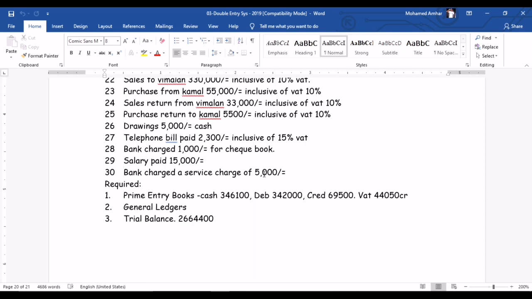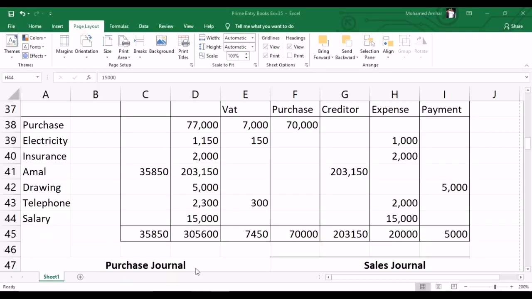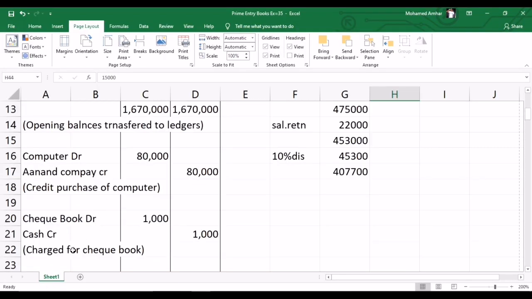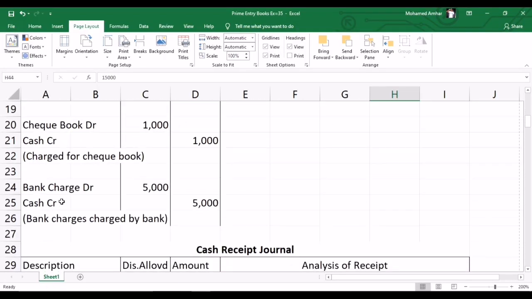So we have to record this in the general journal, right? On the 30th, in the general journal, write bank charge debit 5,000 and cash credit 5,000.